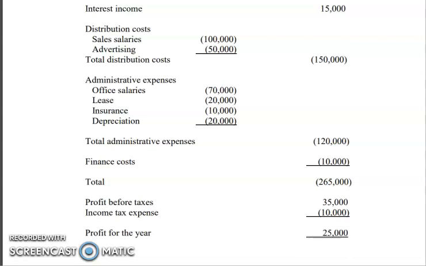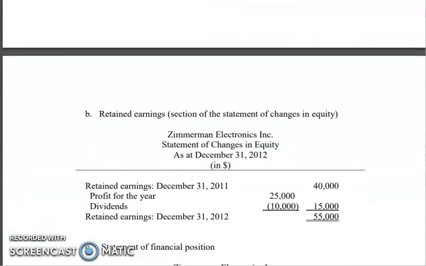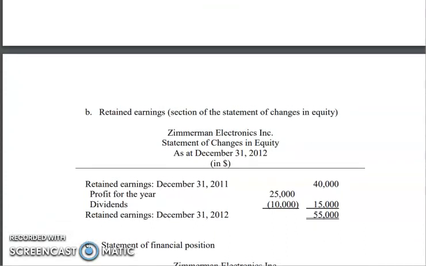Okay, so now our next statement that we're going to look at is our statement of changes in equity. And if you remember, the profit for the year, what we used to call net income, gets linked into our statement of changes in equity. And in this case, where it is a corporation, it becomes part of the retained earnings. Okay, so moving down, we have our statement of changes in equity.